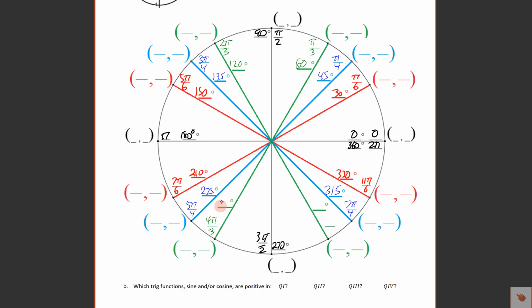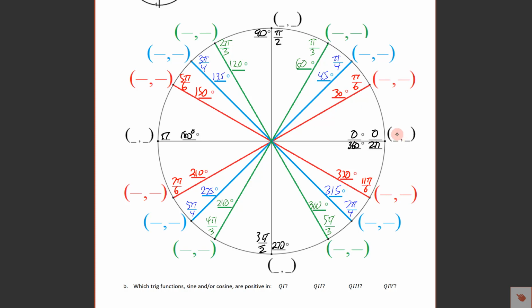That is 240 degrees. Yes. And then over here we get to 300 degrees, and this would be pi thirds, something. 1 pi thirds, 2 pi thirds, 3 pi thirds, 4 pi thirds, 5 pi thirds. Okay, everybody good there? All right, let's take a look.